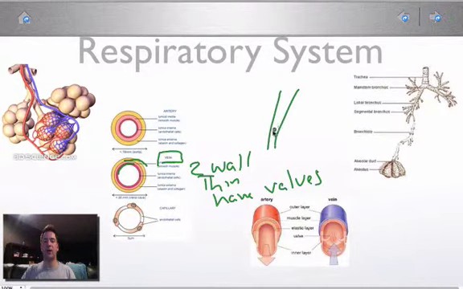Well, if I have a vein and blood's flowing in this direction, I want to make sure I can prevent it from coming back. So I have these little valves that close off, blood flows through, but now it can't come back, and it always moves in one direction. Think of your house, which has little valves throughout it, and I'll talk more about that in the circulatory system.